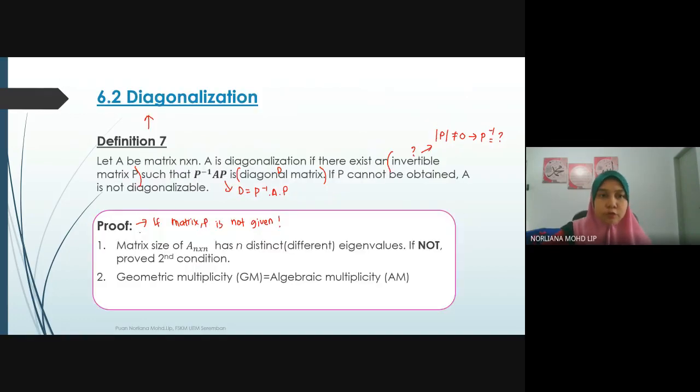So we have to prove using these conditions if matrix P is not given.